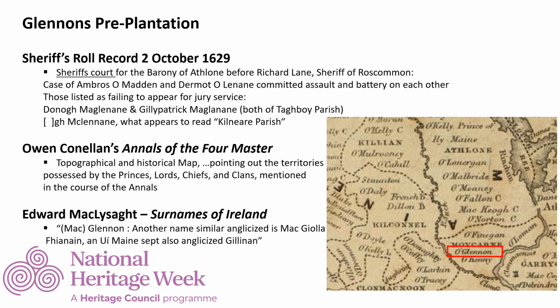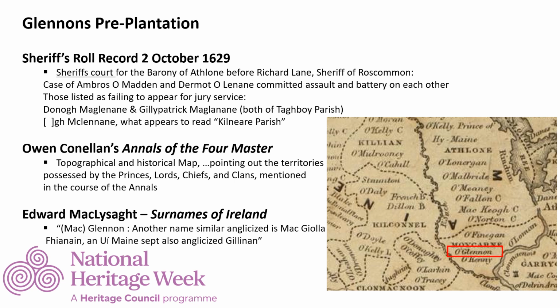There are other records that indicate that the Glennons were in this region for quite a while. In Owen Conlon's version of the Annals of the Four Masters, a single volume version published in the mid 19th century, there was an accompanying topographical and historical map, pointing out the territories possessed by the princes, lords, chiefs and clans mentioned in the Annals, and in Moycarn he's listed O'Glennon.